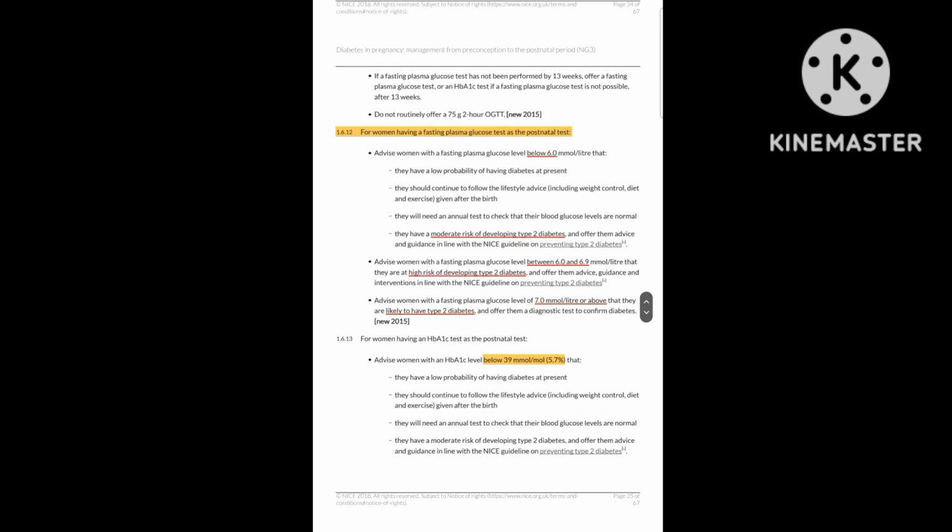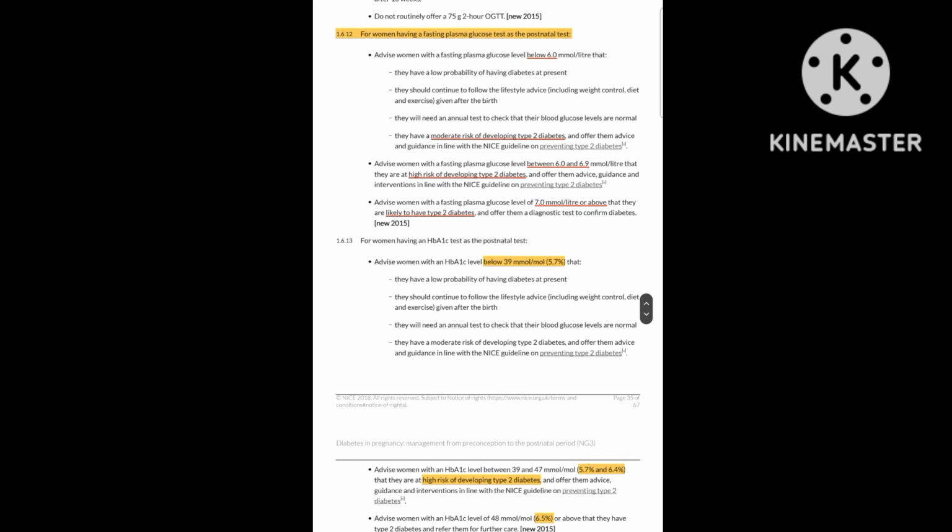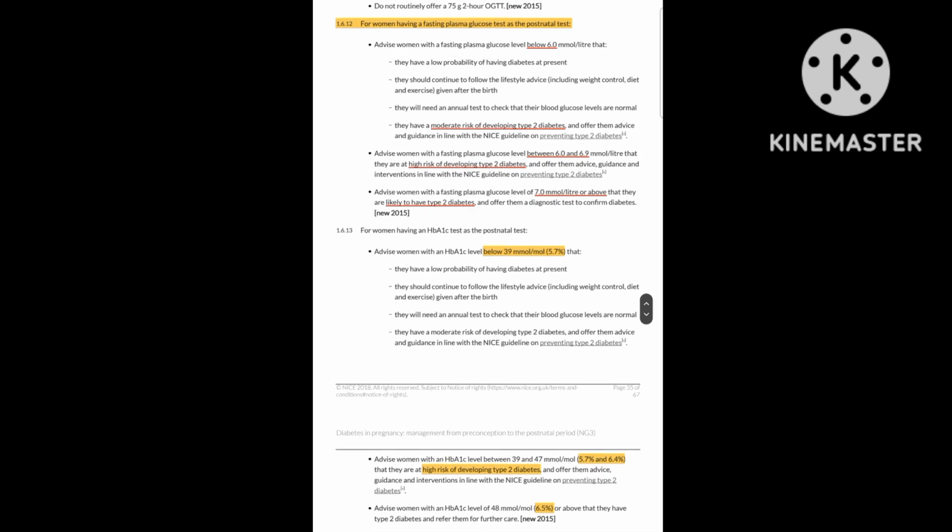For women having a fasting plasma glucose test as the postnatal test, advise women with a fasting plasma glucose level below 6.0 millimole per liter that they have a low probability of having diabetes at present. They should continue to follow the lifestyle advice, including weight control, diet and exercise, given after birth. They will need an annual test to check that their blood glucose levels are normal.